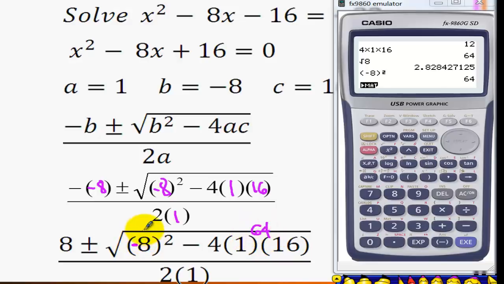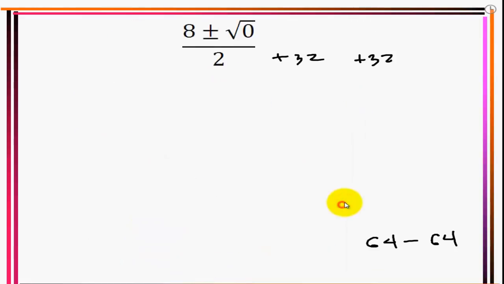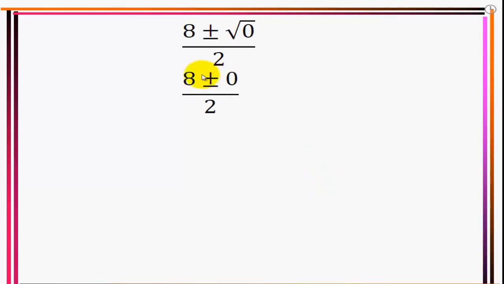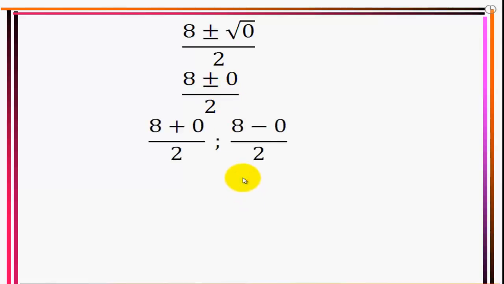So 64 minus 64 will be equal to 0. The square root of 0 is just 0. So 8 plus 0 divided by 2 will give us 4, and 8 minus 0 divided by 2 will also give us 4.